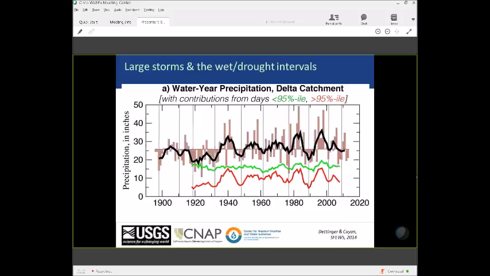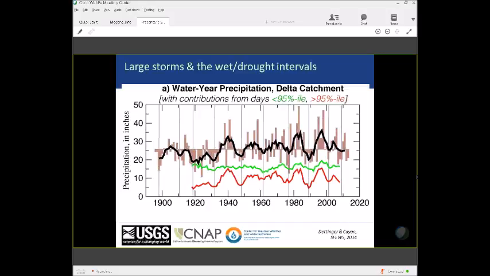Pushing further, the black curve's the same, the brown histogram's the same. But what's going on now, same figure, except I've broken the total precipitation out into the amount of precipitation each year that comes from the wettest 5% of days, which is the red curve here, again a 5-year moving average just to make it easier to see, versus the green curve, which is all the other 95% of wet days.